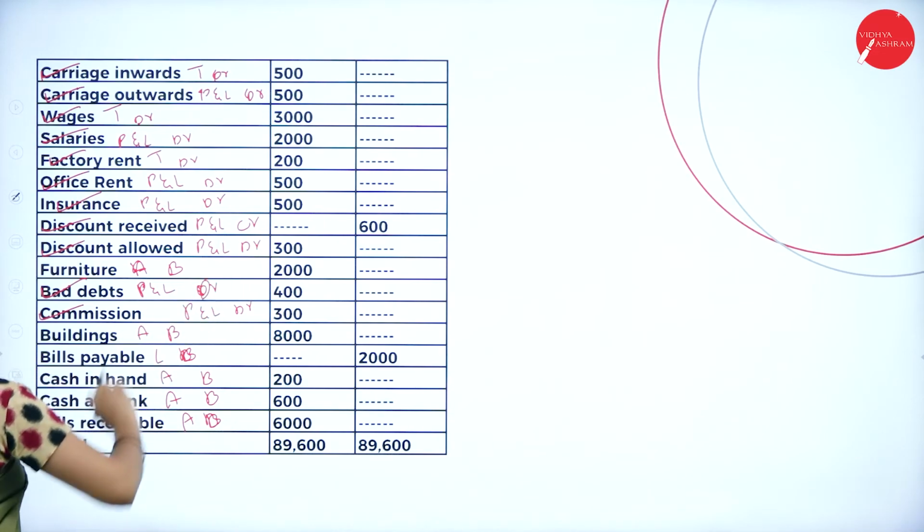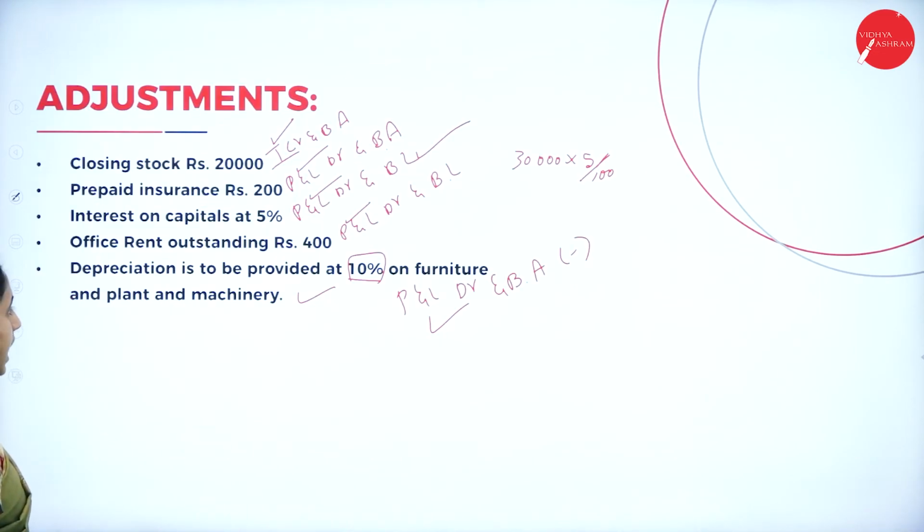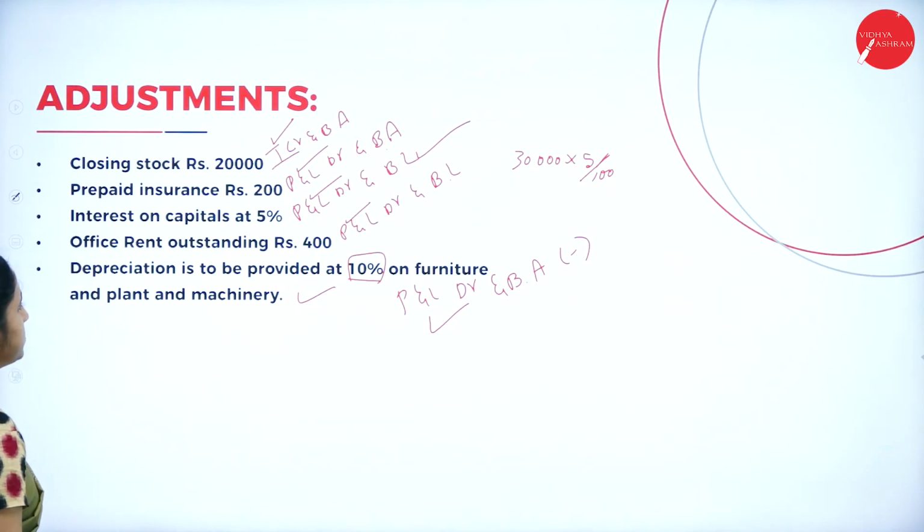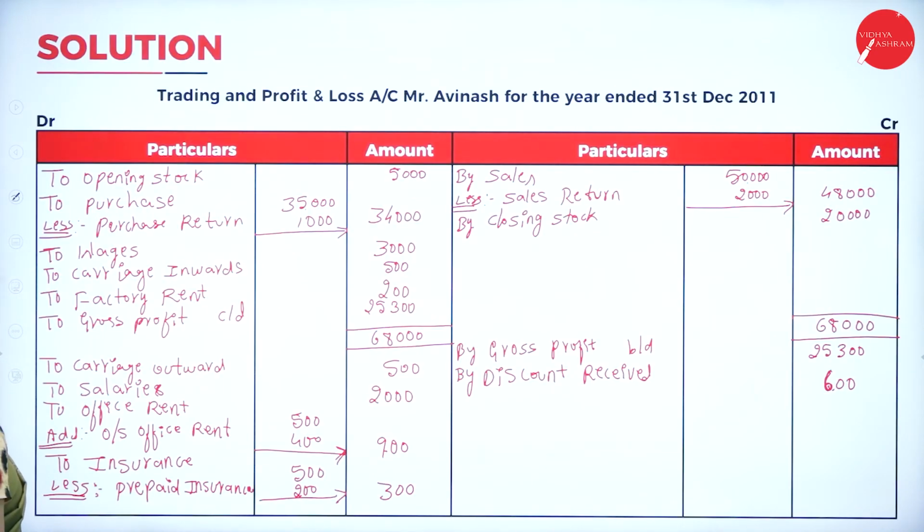Next, furniture 2,000. For furniture we have depreciation 10%. So furniture 2,000 minus depreciation.